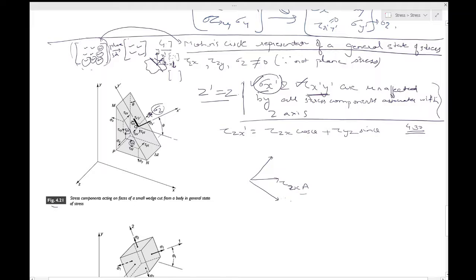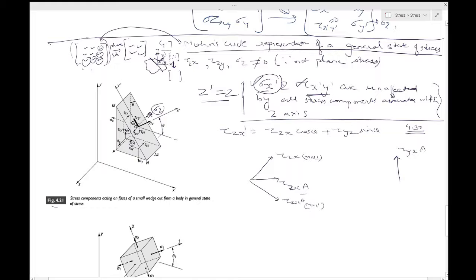So I'll write tau zx into area, MN parallel and MN perpendicular. Similarly, you want to say tau yz. Where is tau yz? It's in this direction.